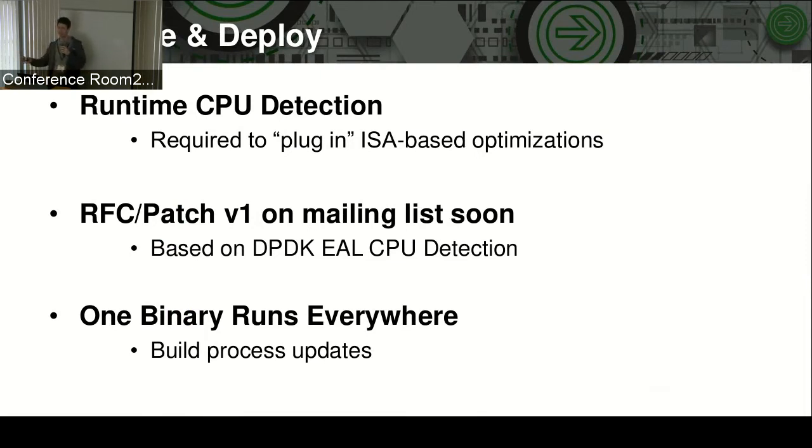All these different angles need to be resolved in order for this to be upstream and easily deployed. So in order to make use of these types of ISA-based optimizations, which come down to a specific instruction set that a CPU has, we need some runtime flexibility in the code base. That was actually added in OVS 2.12, the August release, where we added a function pointer at the DPCLS subtable lookup location in the code, for those familiar with the code paths.